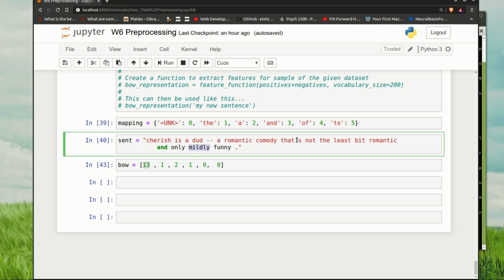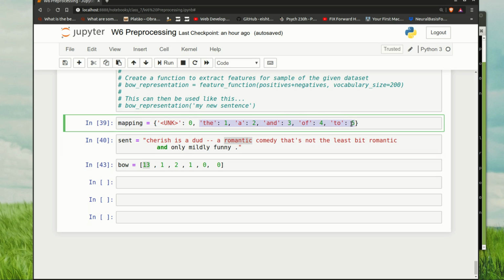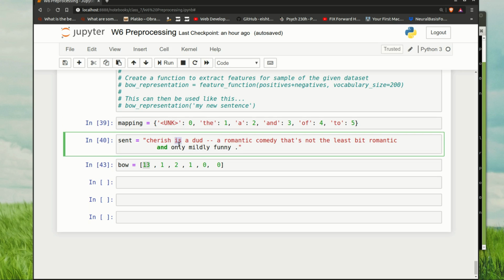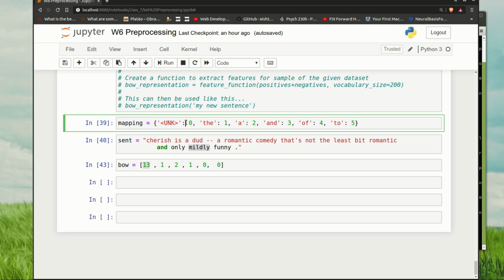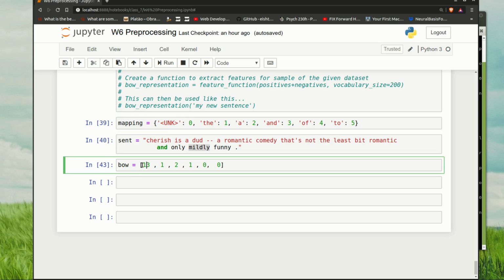Oh, so maybe I was wrong, maybe this one is counted together. And 13. These words do not appear in the vocabulary, so they were just thrown together into this unknown symbol. All of these other words, cherish, is, only, mildly, went to this unknown symbol. That's why we get a 13 here.